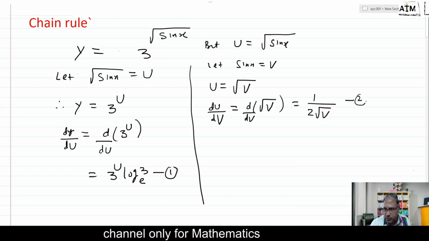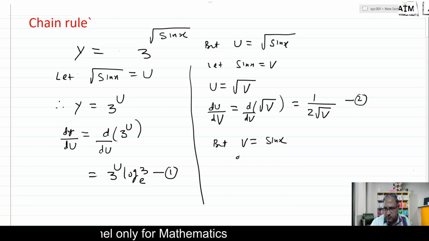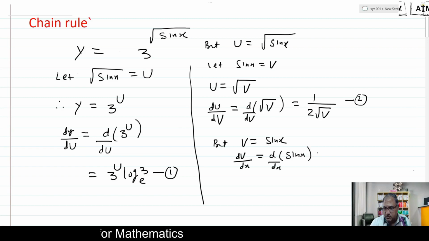Call it equation number 2. But v equals sin x, dv by dx equals derivative of sin x with respect to x equals cos x. Let us call it equation number 3.